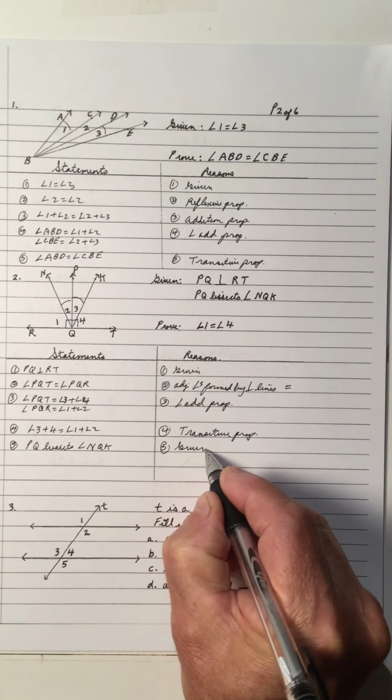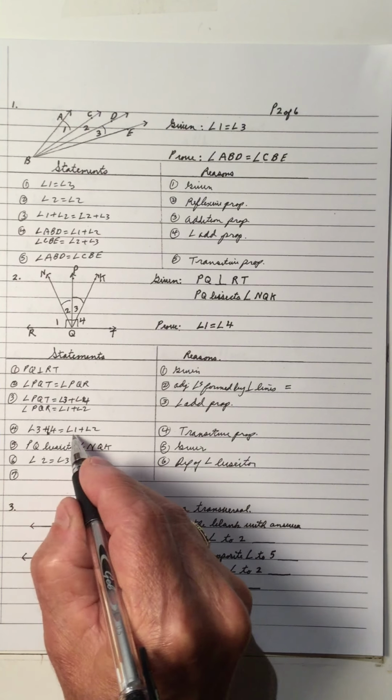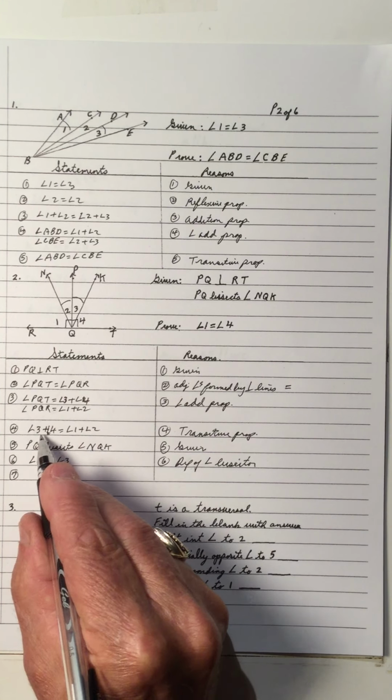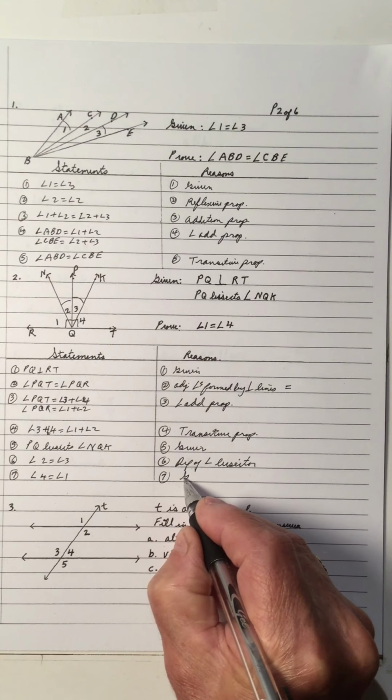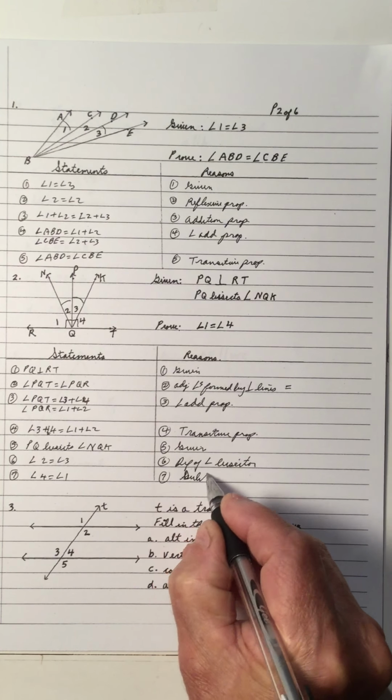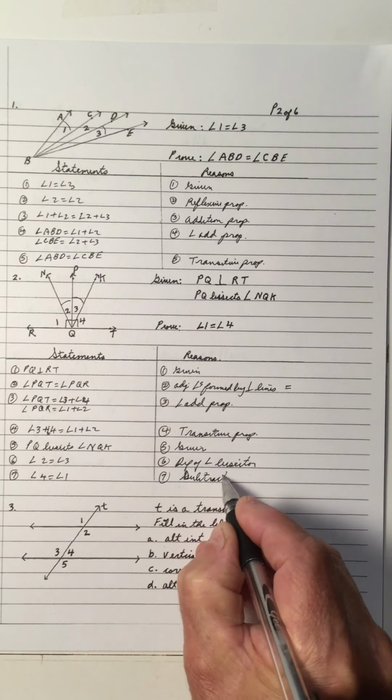And angle 3 plus angle 4 is equal to angle 1 plus angle 2. 2 is equal to 3. That means that angle 4 is equal to angle 1 by subtraction. S-U-B. Subtraction property of equality. So angle 1 equals angle 4, angle 4 equals angle 1 is the same.